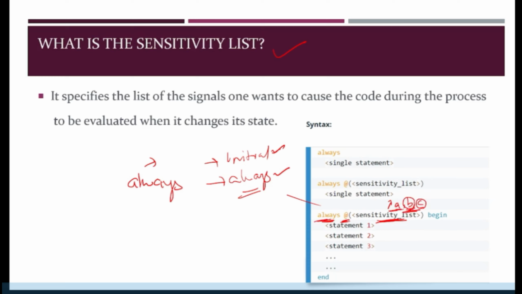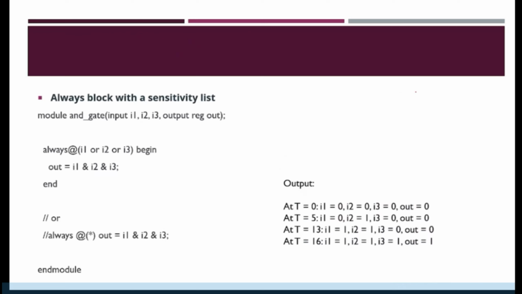If there is no change in the signals, then the always block will not be touched. So in order to make the always block execute for a limited number of times, you use this sensitivity list. And if there is no sensitivity list, then the simulation will enter, as I told you, a zero delay infinite loop. So this is the always block.